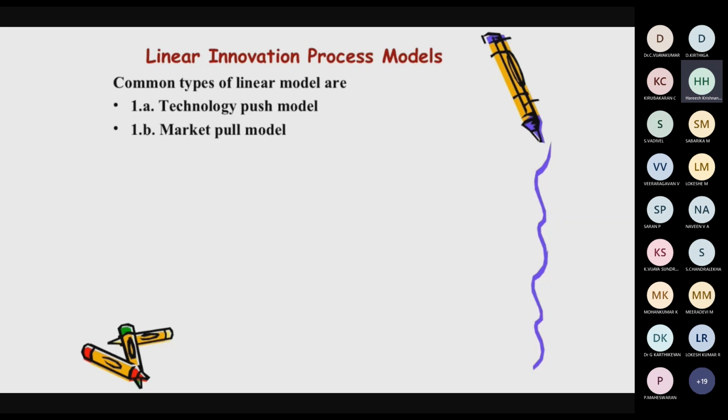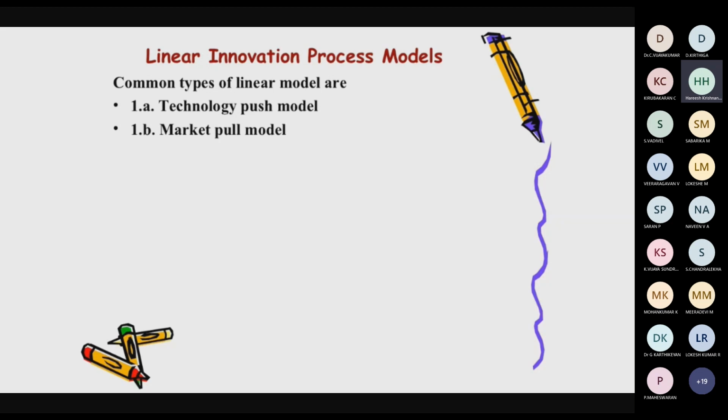So under this model, technology is taken as the key driver of innovation. Whenever we find a new or improved technology, it leads to the innovation of a new product, service or process. For example, we find some new technology somewhere.